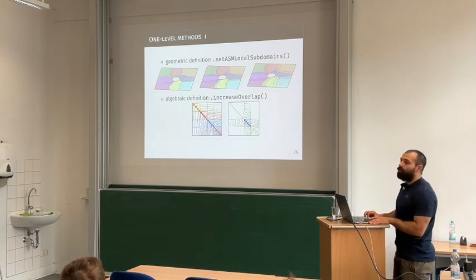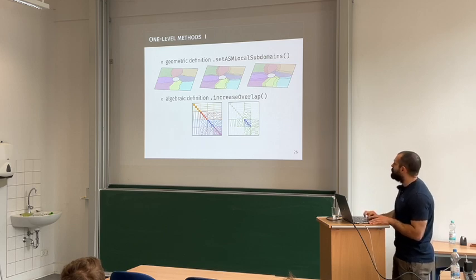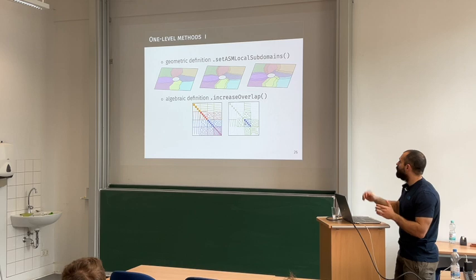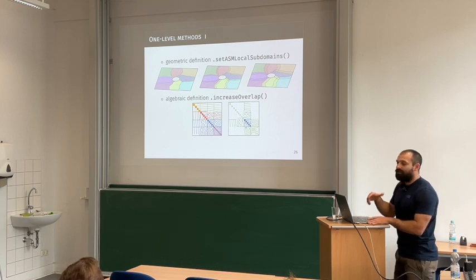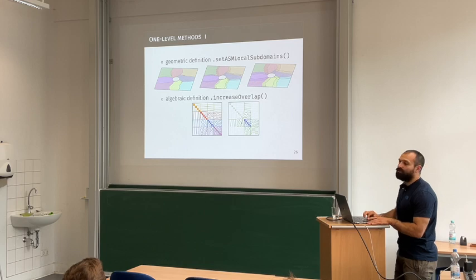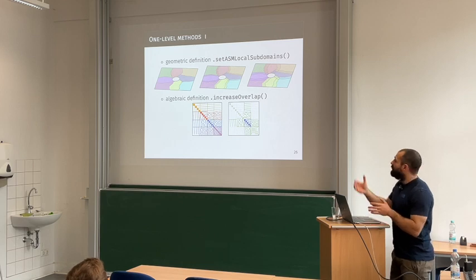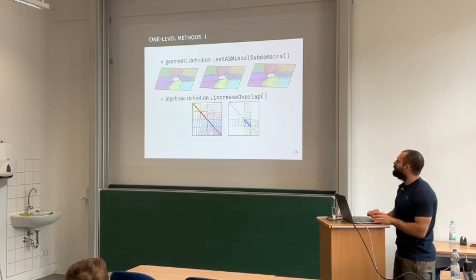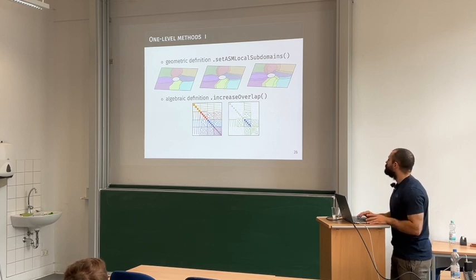PETSc can look at the sparsity pattern, in particular the sparsity pattern of the off-diagonal rows and off-diagonal columns, and it can define an algebraic overlap by looking at the non-zeros outside of the diagonal blocks. Here you have in blue the interior unknowns, and in green the overlapping unknowns, or the unknowns on the overlap.